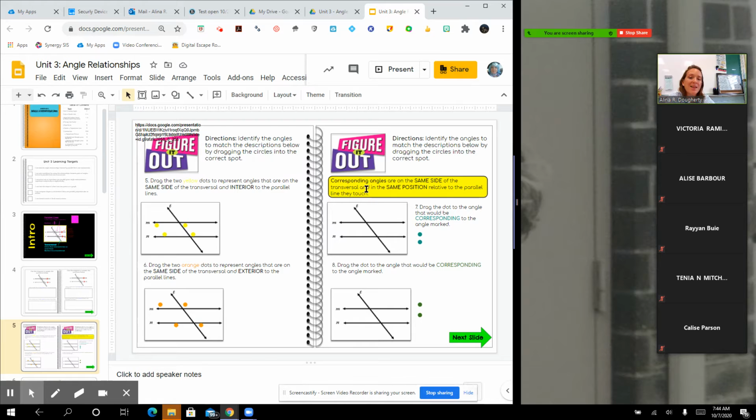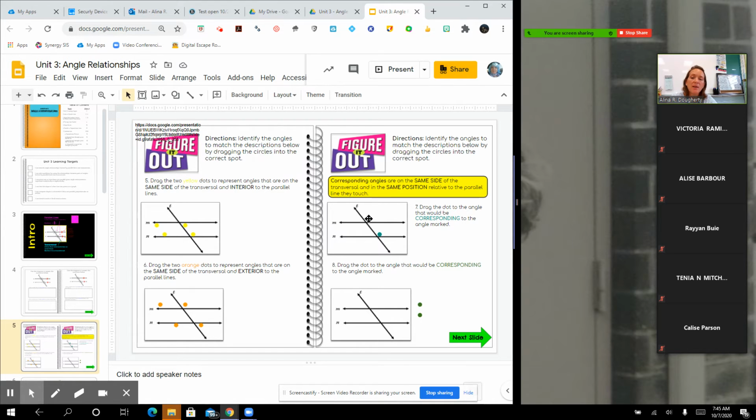Corresponding I think of as a slide. So if you imagine the line T, the transversal, as a slide, we're going to take one obtuse angle and slide it down to the next obtuse angle. They are same side, but one is exterior and one is interior. Okay.